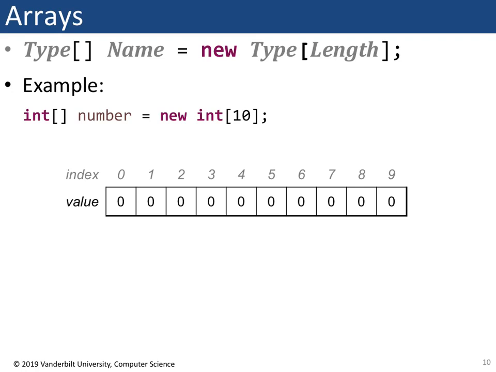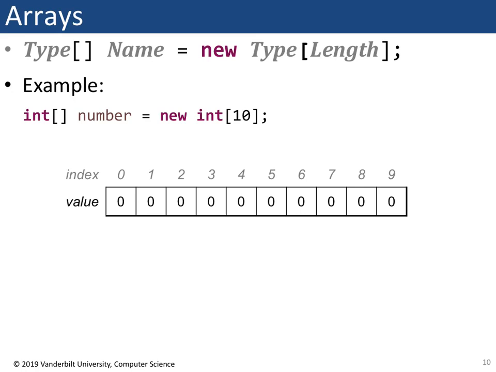As an example, if we were going to create an integer array like we looked at on the previous slide, we would have int, that's the type, but we're not just having one integer, we want an array of integers. So we have open and close brackets to tell it that it's an array. The variable name is number. So this variable number is going to store a reference to our array object. Now we need to give it that reference.